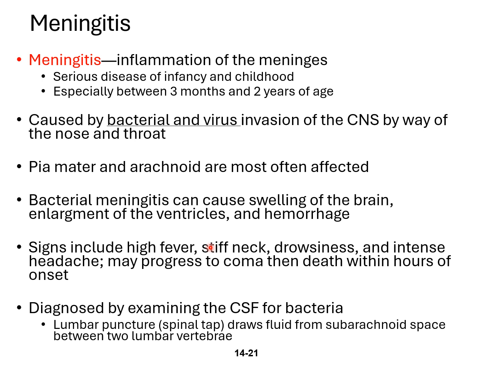It'll eventually cause coma and death because the pressure in the brain keeps building up and up and up. And the only way to diagnose this is through a lumbar puncture or a spinal tap that actually is able to draw some subarachnoid, some cerebral spinal fluid, and then you can test, is there an infection in there?